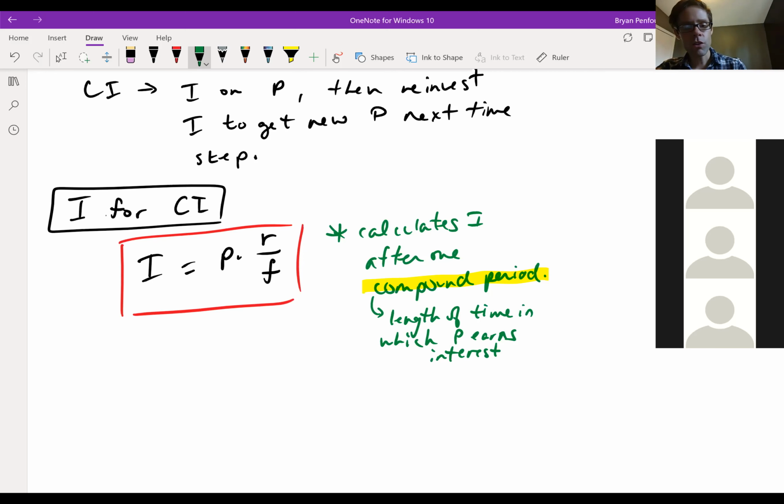And so the one I've circled here in red tells us how to calculate interest in dollars. So this capital I is interest in dollars after one compound period, essentially.